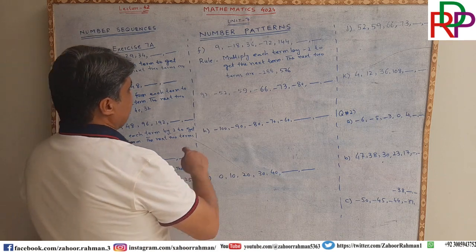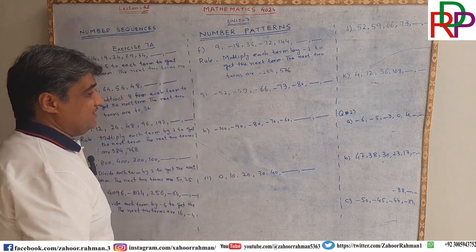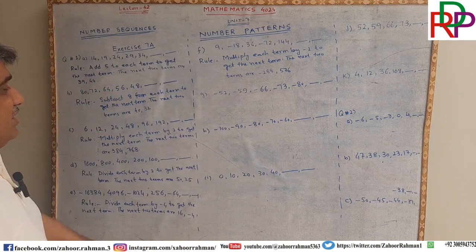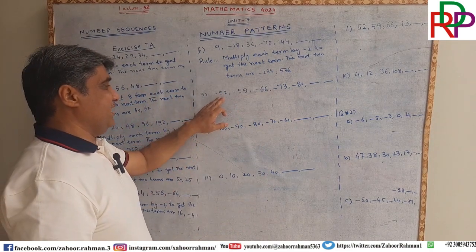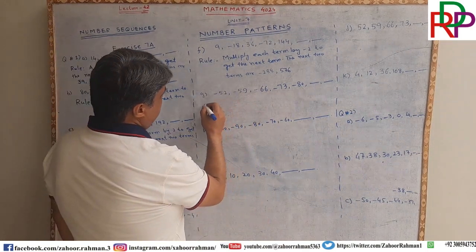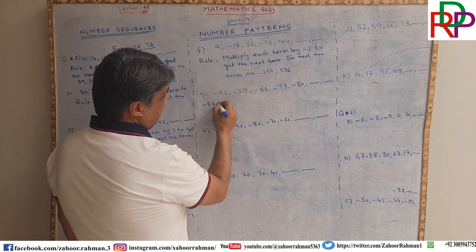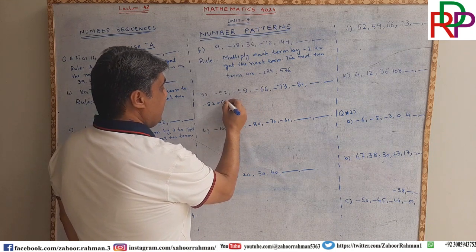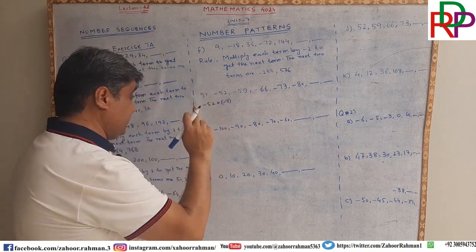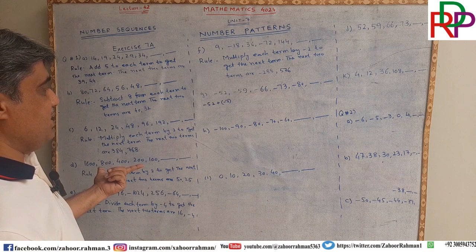So if we are adding 7 to this term, it means that we see minus 52 and plus minus 7. So it means that we are adding minus 7 to each term.